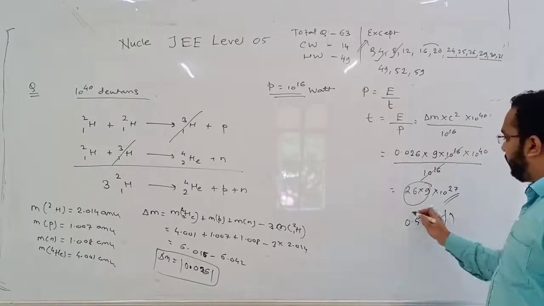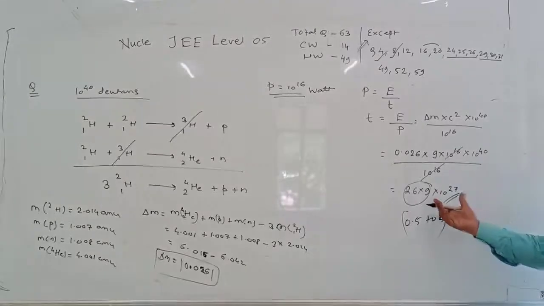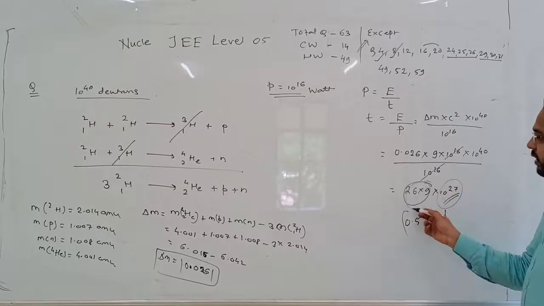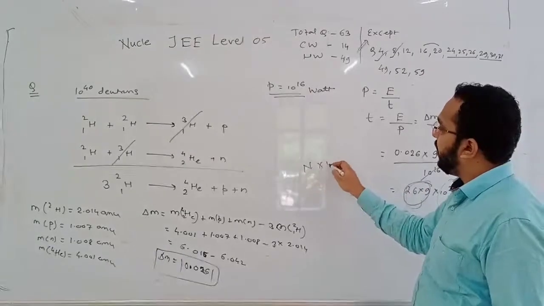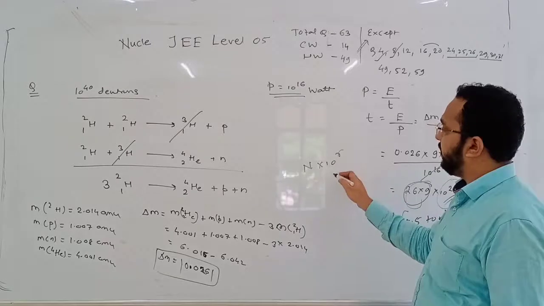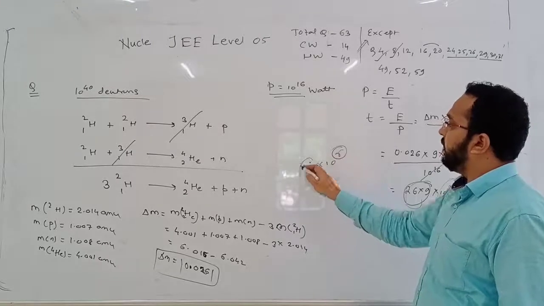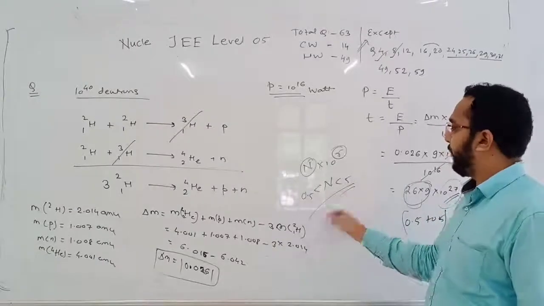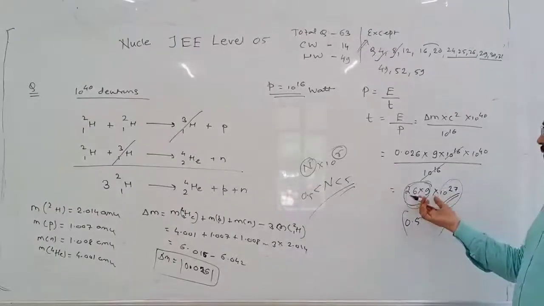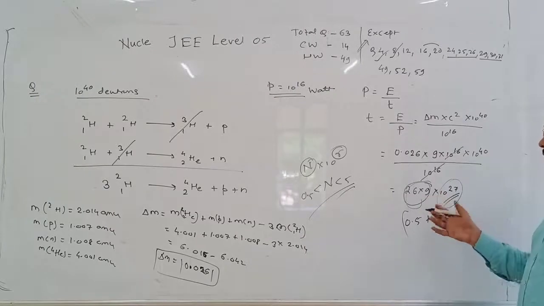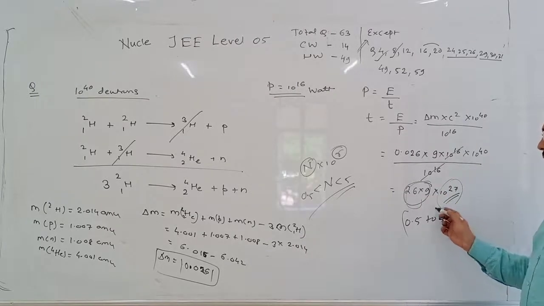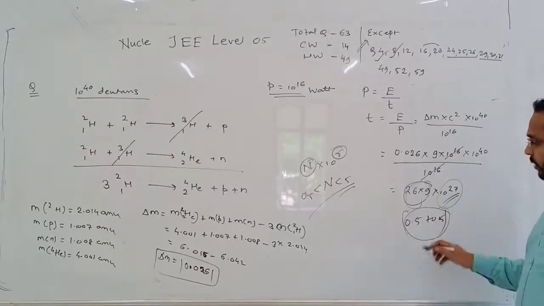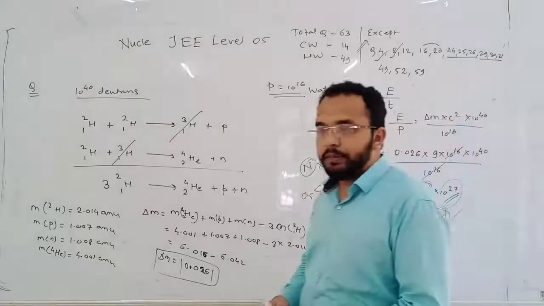In 11th class you have seen that to find the order of any number, this number is written as a number into 10 to the power R, where R is the order, and the number should be greater than 0.5 and less than 5. So first multiply 26 into 9, then take out the digits and make the number between 0.5 to 5, and then adjust the order. Okay, solve this, no problem.